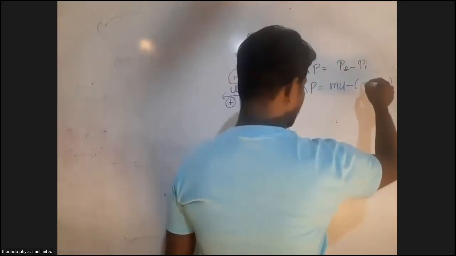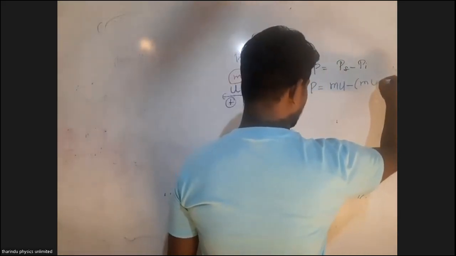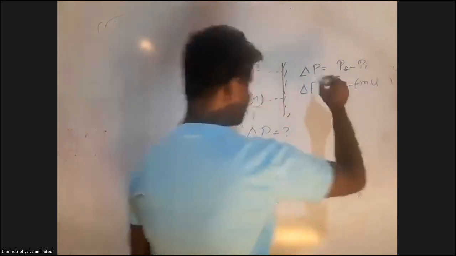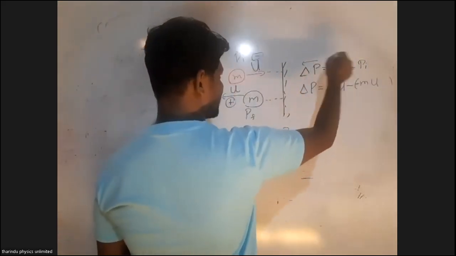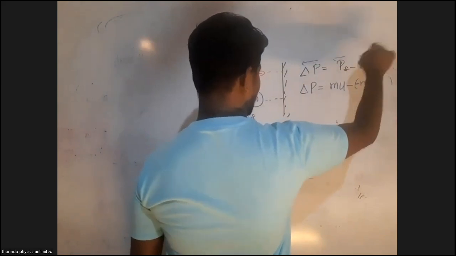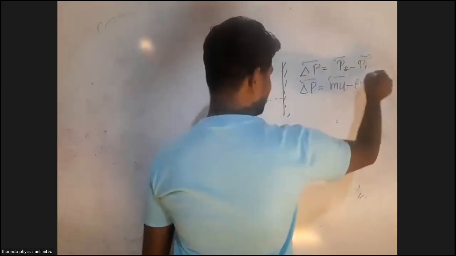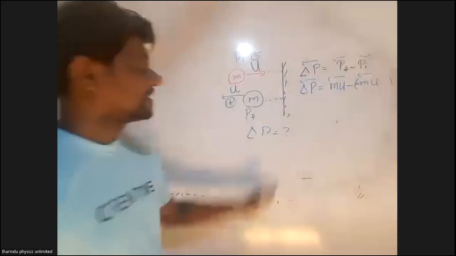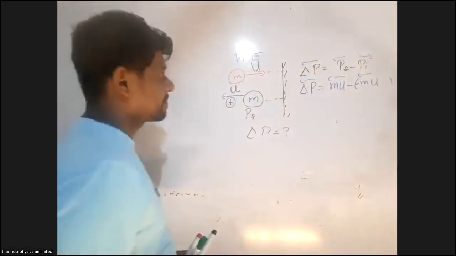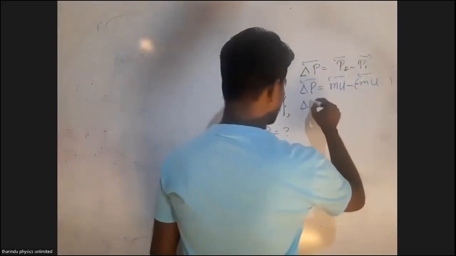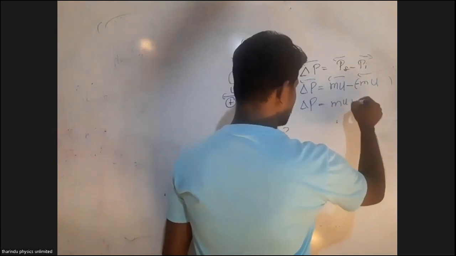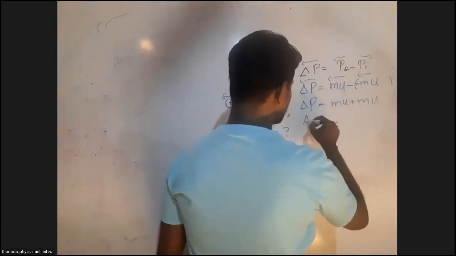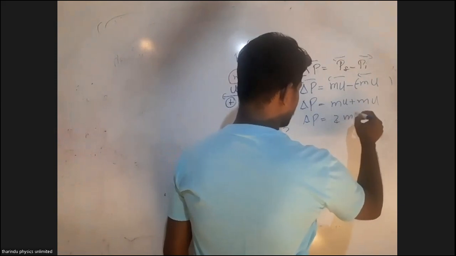Initially, it is moving again with mu, but negative, because this is to here and that is to there. To bring them to the same direction, I have to change the arrow. So it is going to be delta P equals mu plus mu, 2mu.